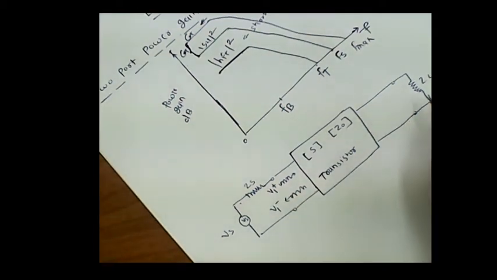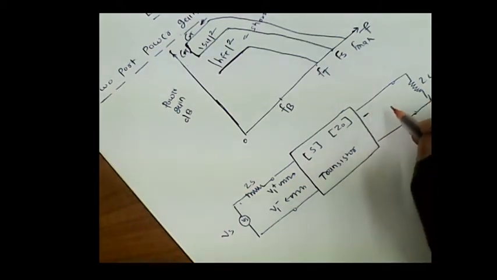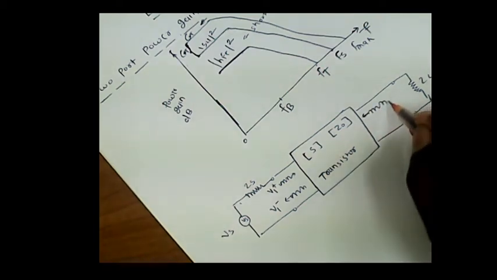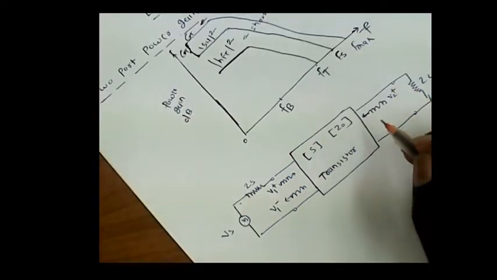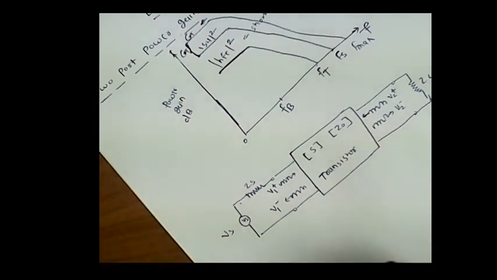Similarly, due to this again there is a mismatch condition, so again there is an incident voltage at port 2. There is also a reflecting voltage that is denoted by minus V2.